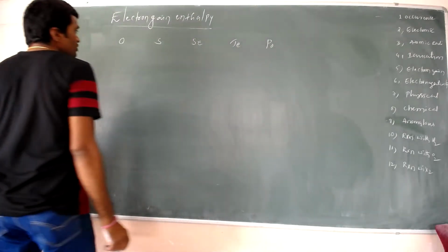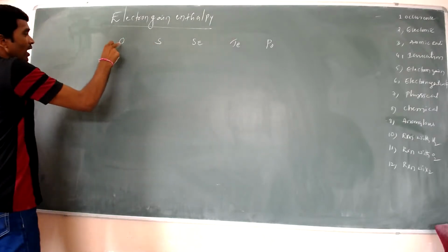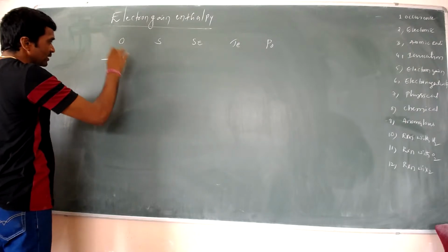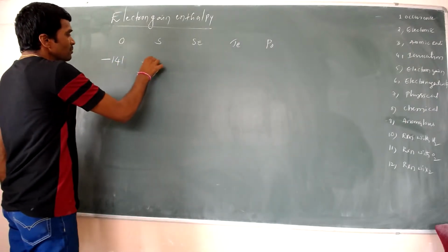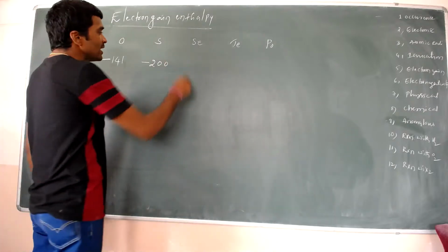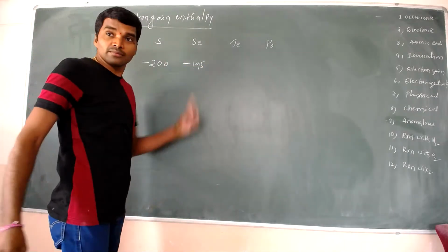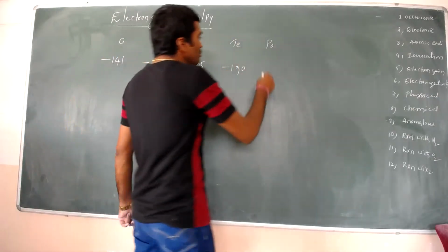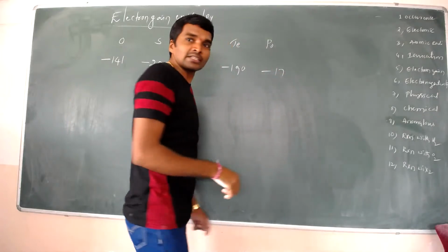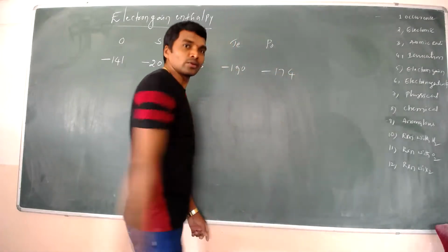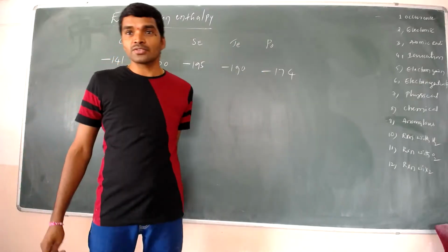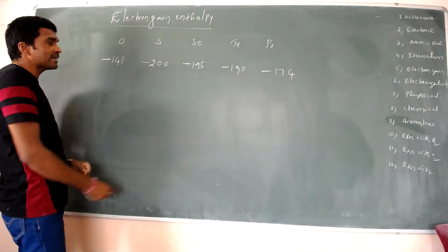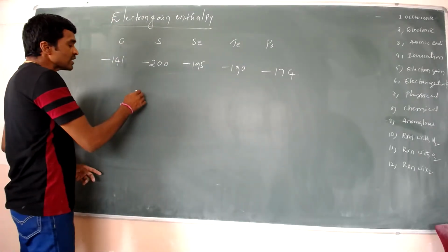Oxygen minus 141, sulfur minus 200, selenium minus 195, tellurium minus 190, polonium minus 174.